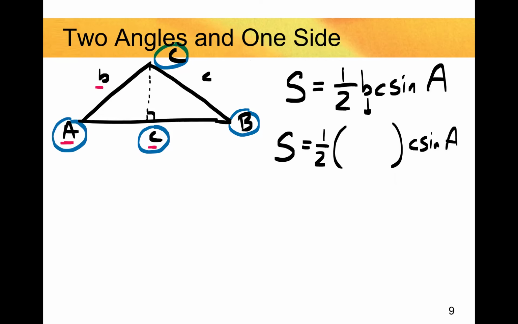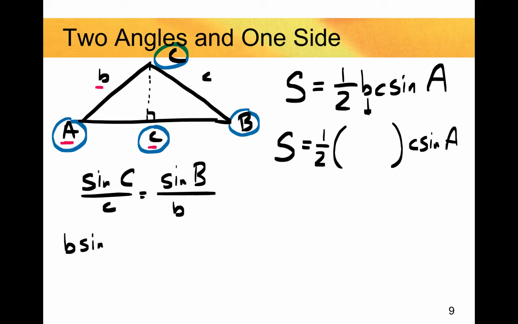The sine of angle C over little c would be the same thing as sine of B over little b. That is so true. So let's multiply both sides by B.